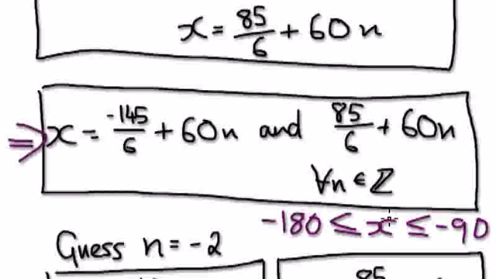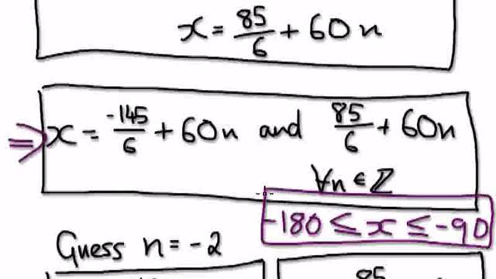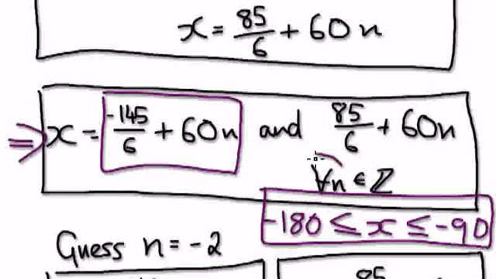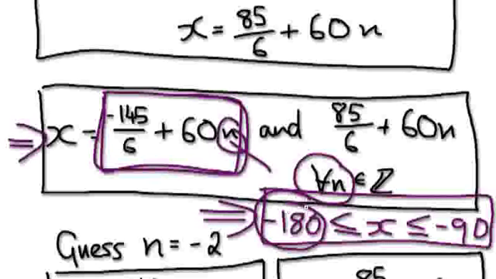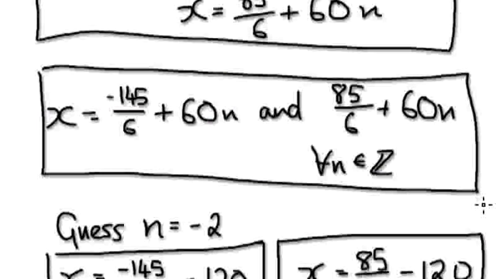It has to be within this range here. Remember, the set of solutions here is valid for all integers, but now we are dealing with our range. So we have to find values of n where this whole thing lies within this range. Let's just guess n to be negative 2.